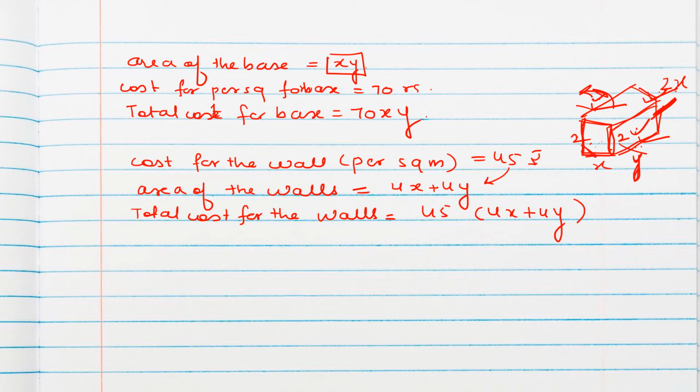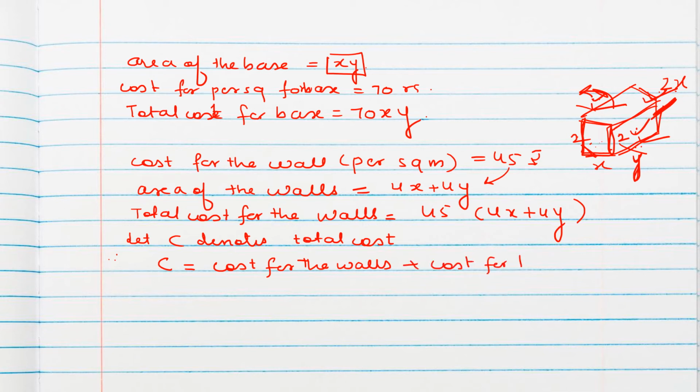Okay, so let C denote the total cost. So C will be the cost for the walls plus the cost for the base, the total cost.